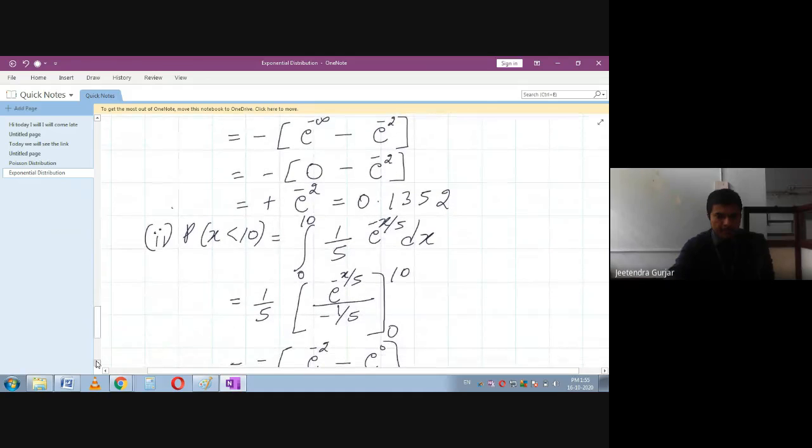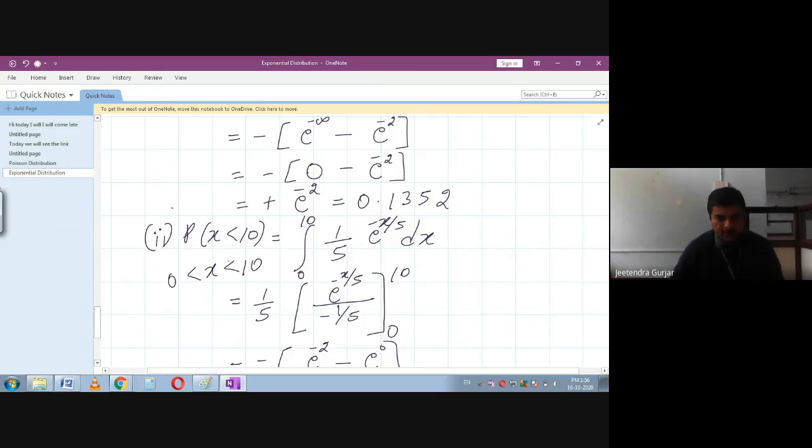0.1352. Similarly here, students, x is less than 10. As you know, exponentially we have taken, this is always between 0 and plus infinity. So we have to take this interval 0 to plus infinity.